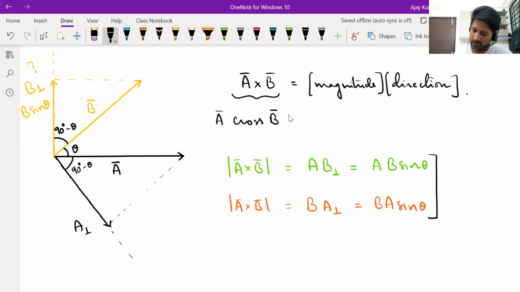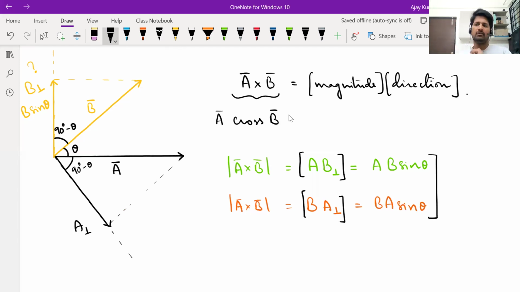But remember, cross product gives you the product of one vector and the component of the second vector perpendicular to the first vector. In dot product, we multiply parallel components of vectors. In cross product, we multiply perpendicular components of vectors.